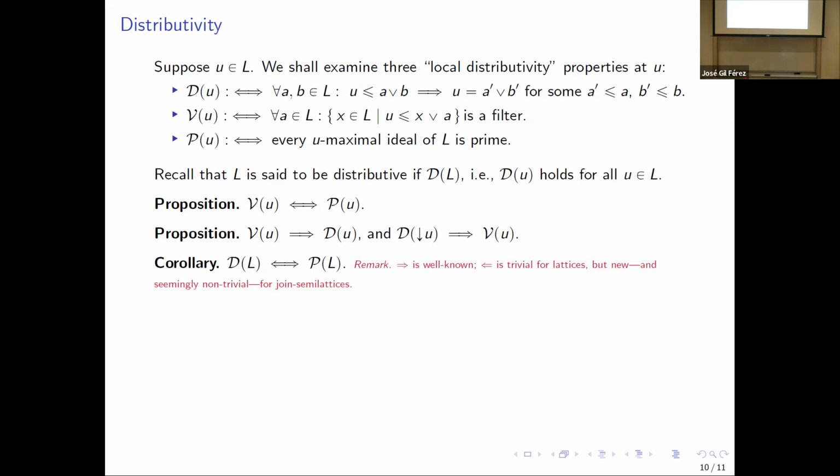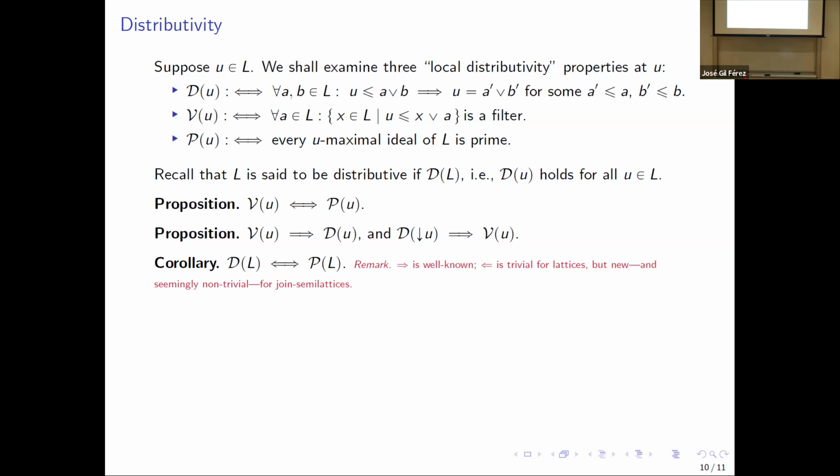If for all A, the set of elements X such that sup of A above U is a filter, and this was a form of distributivity defined in an article by Varlet in the 70s, then I say that U has property V. And finally I'll say that U has property P if every maximal ideal of U is prime.